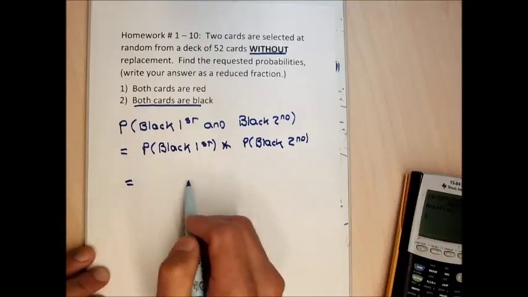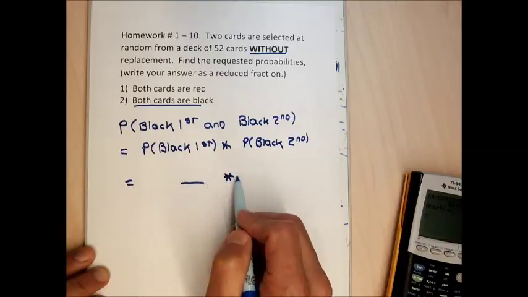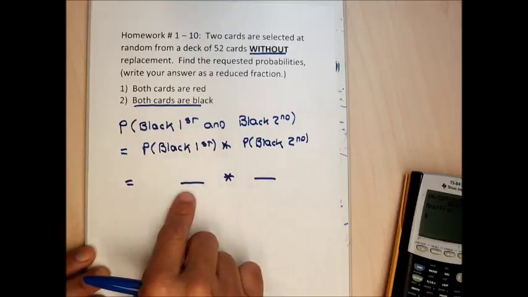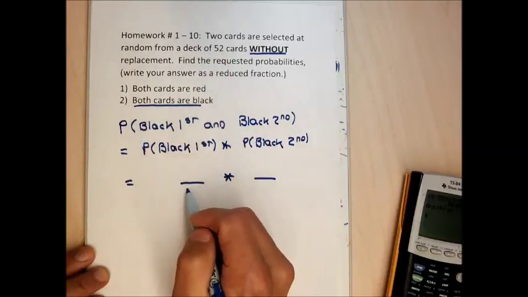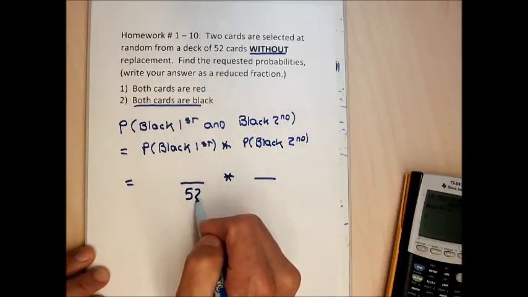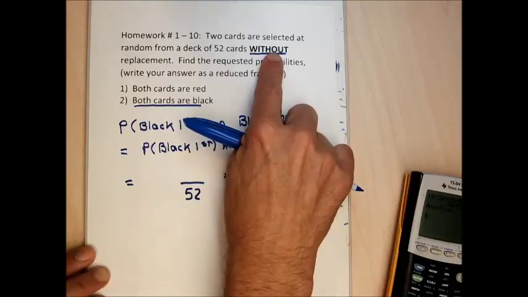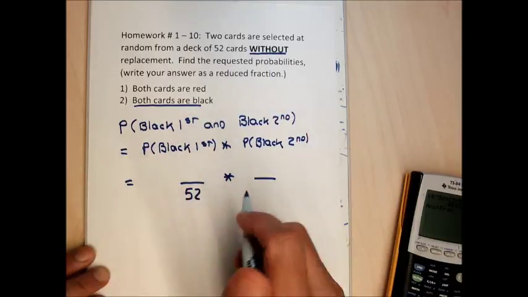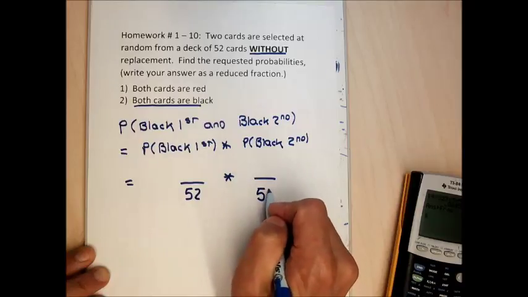The denominators for each of my fractions are going to go down by 1. The first denominator is going to be 52 because the deck has 52 cards. The second denominator, because it says without replacement, is going to go down by 1 because I'm not putting back the black card that I picked up on the first try.